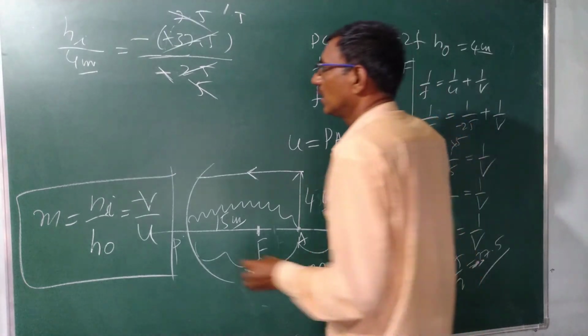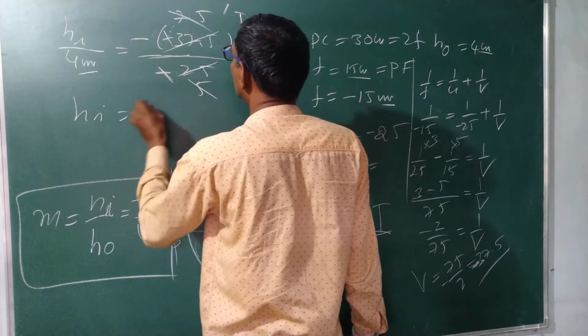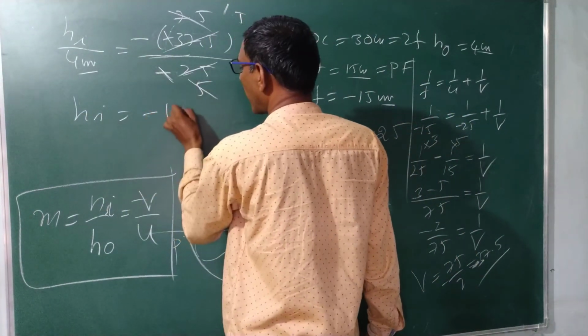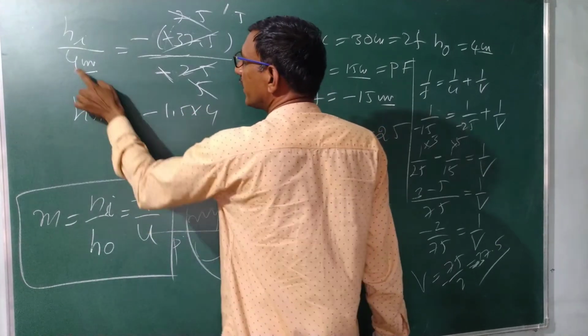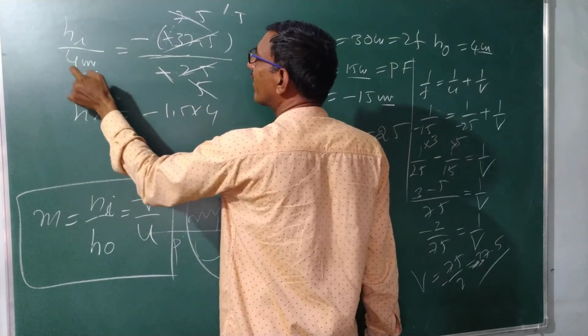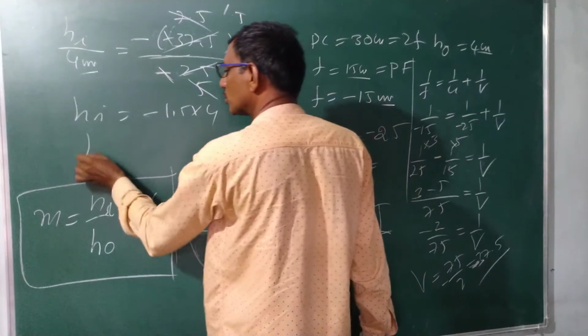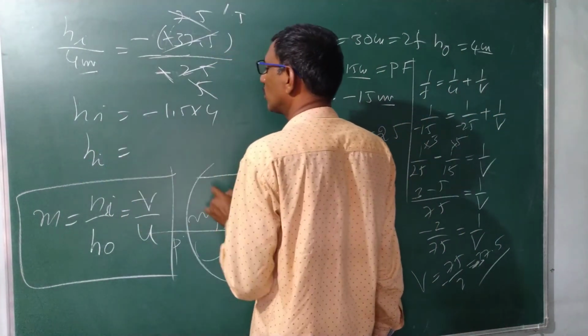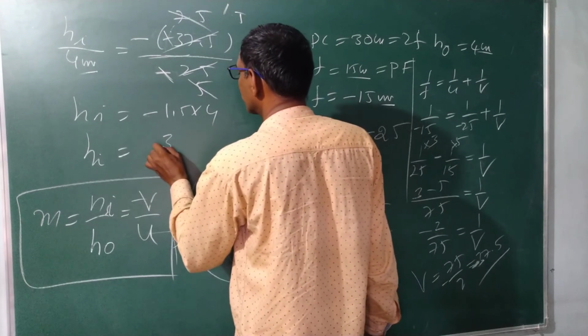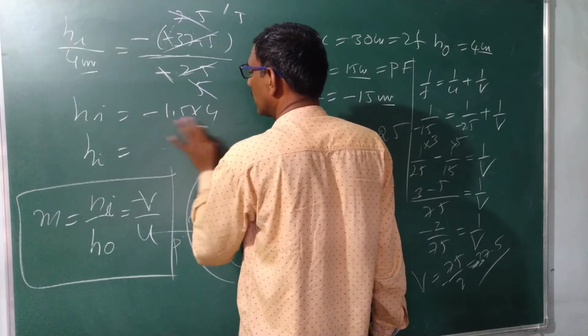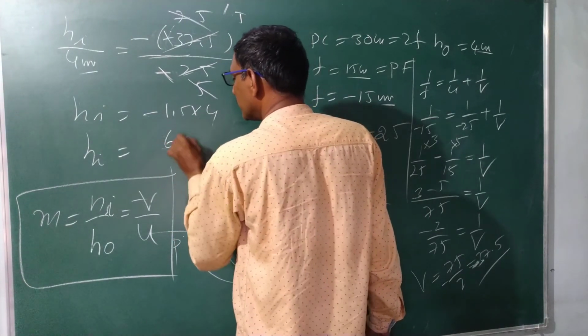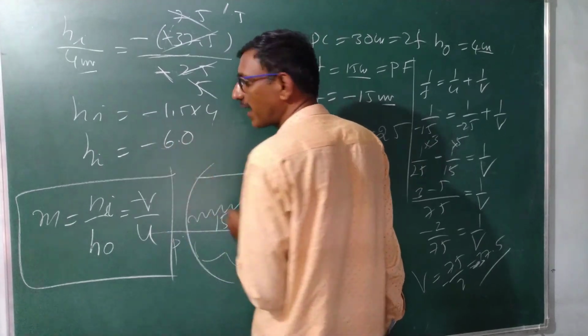Okay, clear. So hi is equal to minus 1.5 into 4. Here we have 4, right? Here divide, we will go that side, it is multiplied by 1.5. That is equal to, hi is equal to, how many times? Minus 6. Okay, 6 times. 6.0 with the minus.